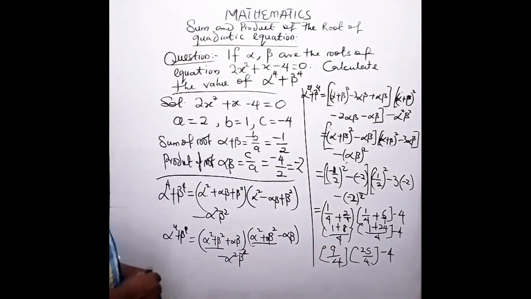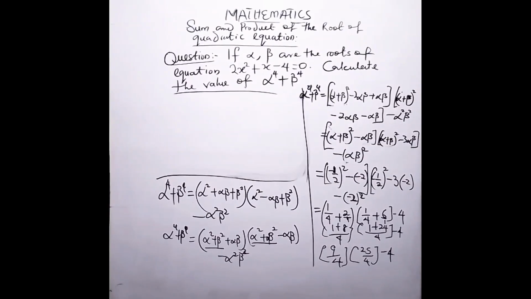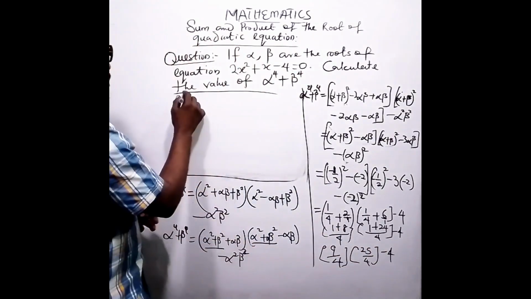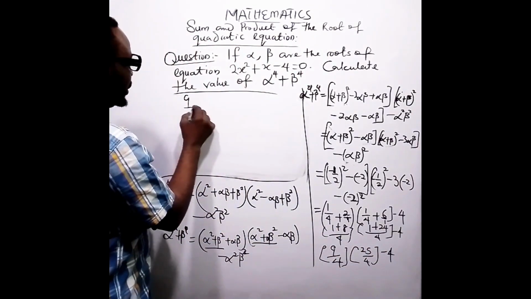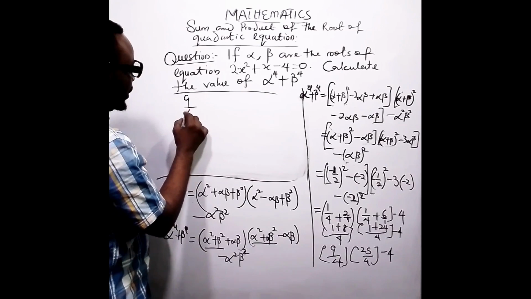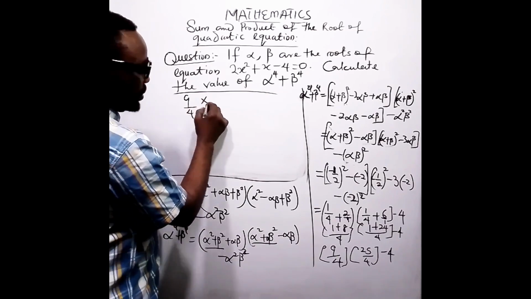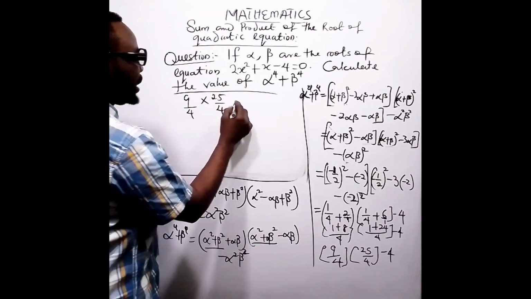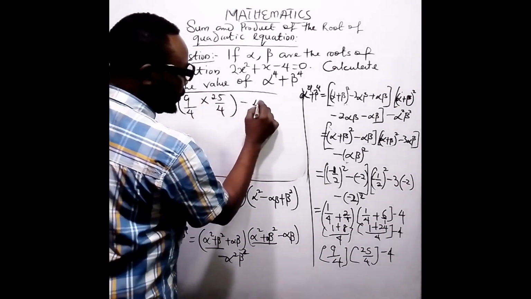So that is the value we have so far now. I want to make a space for the remaining parts now. You can see these two brackets, following the so-called BODMAS, you're going to have 9 over 4 multiplied by 25 over 4. That is the meaning of the brackets beside one another, minus 4.